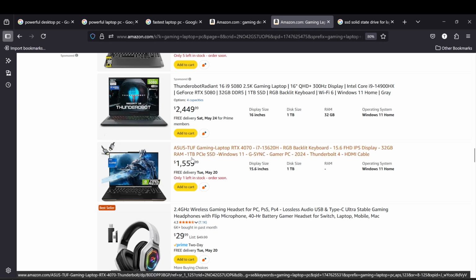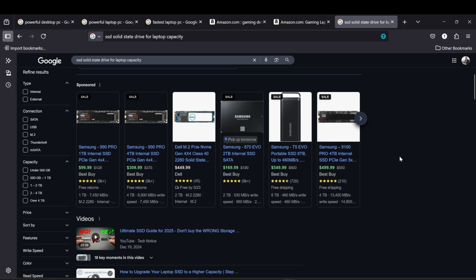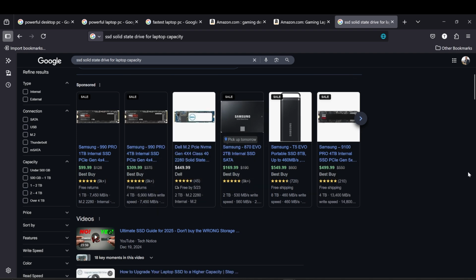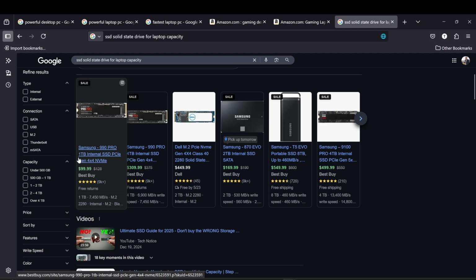Typically what we get these days is something between 256 or 512 gigabytes all the way up to 4 TB, which is a little bit too high end at the moment, or sometimes too expensive for a laptop. But generally speaking, you don't want to go lower than 1 TB because you're going to face some issues. Even these days, some people say 1 TB is too small, including myself.